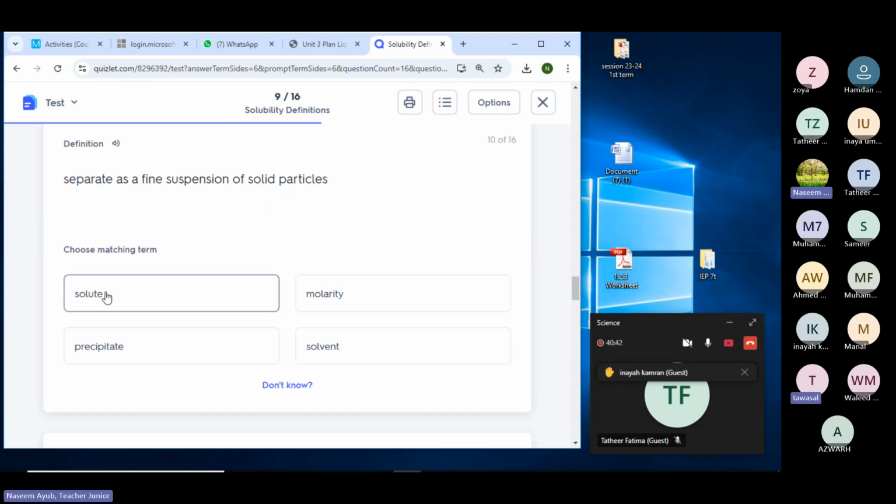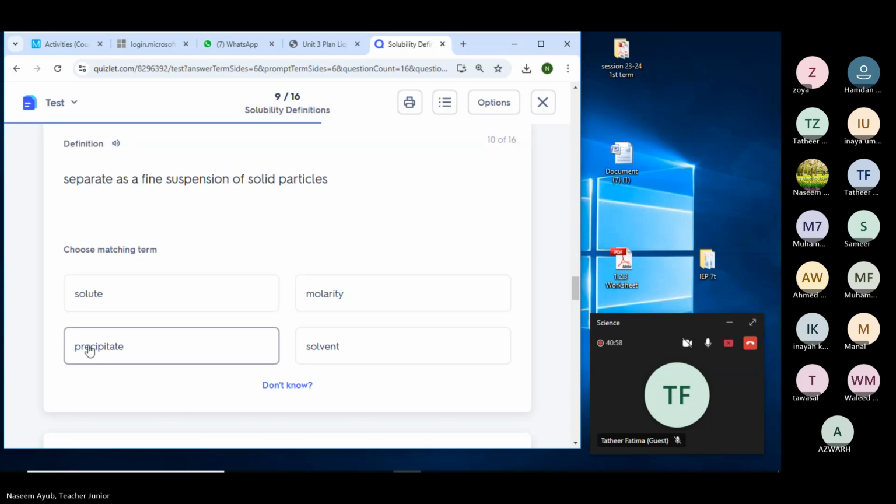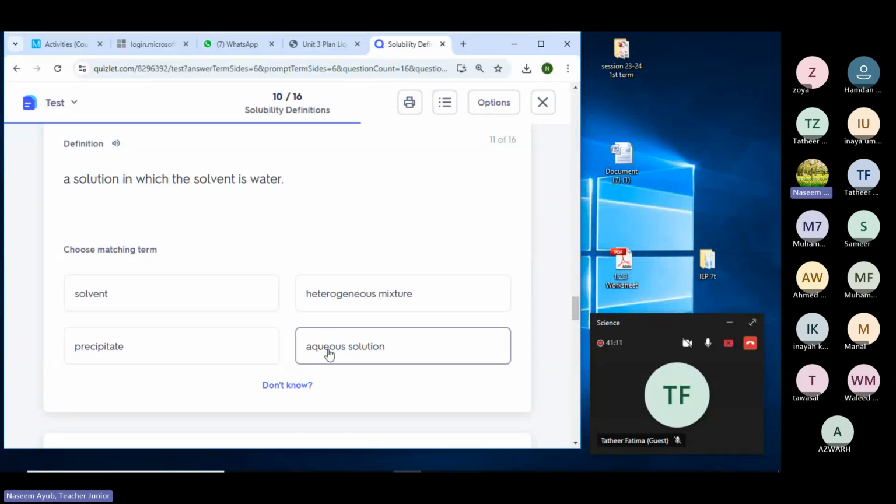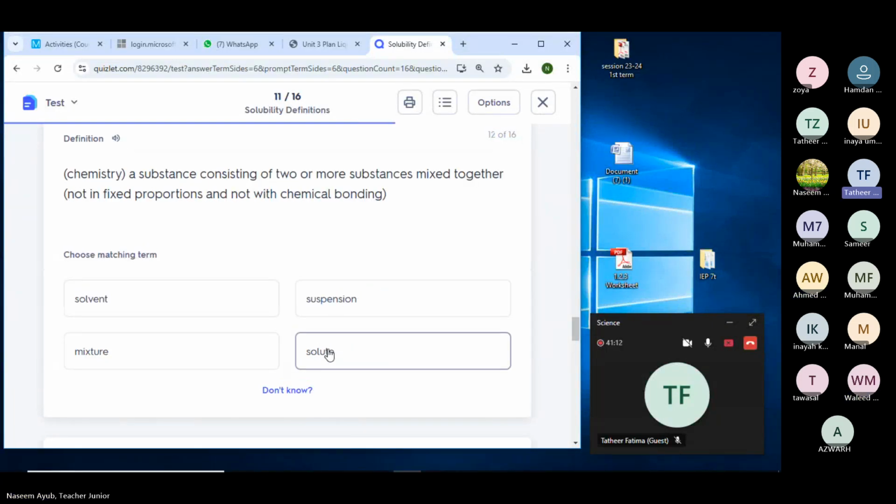Separate as a fine suspension of solid particles: precipitate. A solution in which the solvent is water: aqueous solution.